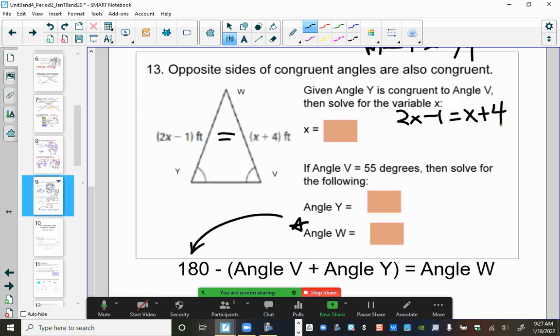Anybody get a value of x? Everybody find the value of x. Now this one's going to be real quick. Here are your x's. Obviously, which x are we moving? The one on the left or the one on the right?